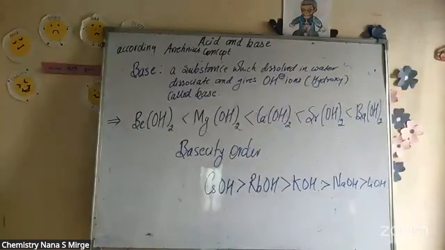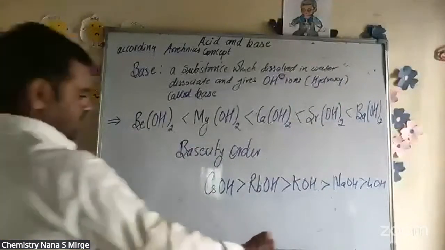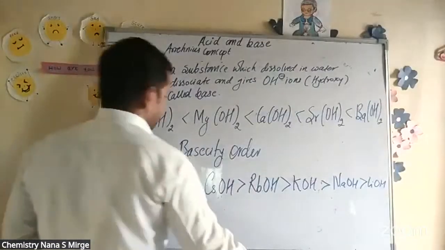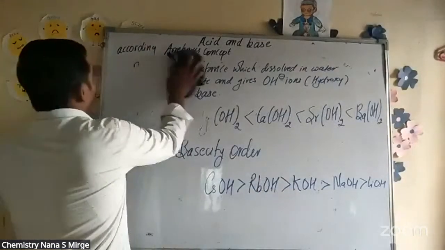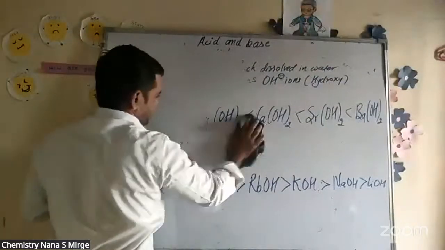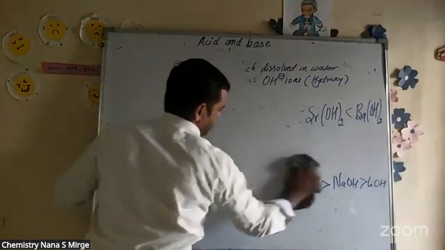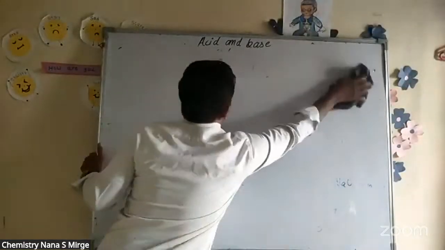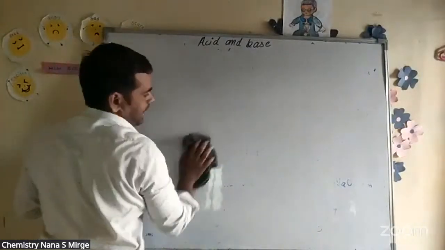So it is a strong one. Okay. So that is about the Arrhenius concept of acid and base. Now we can start the next concept, the Lewis concept of acid and base.